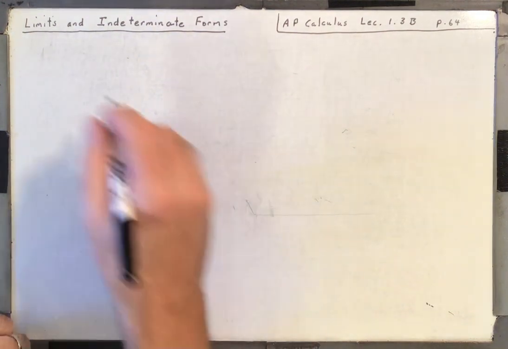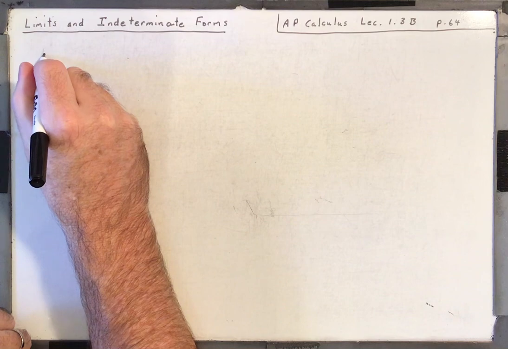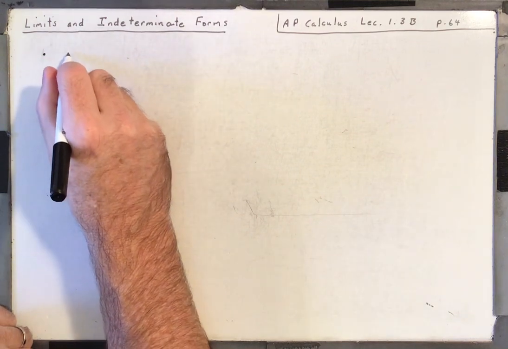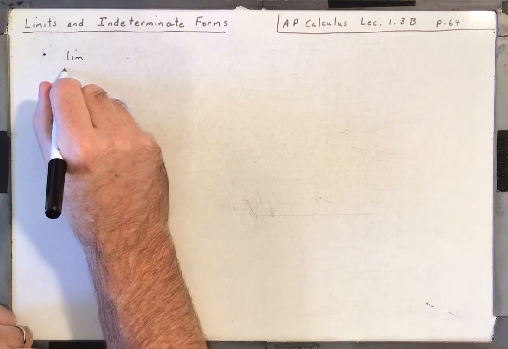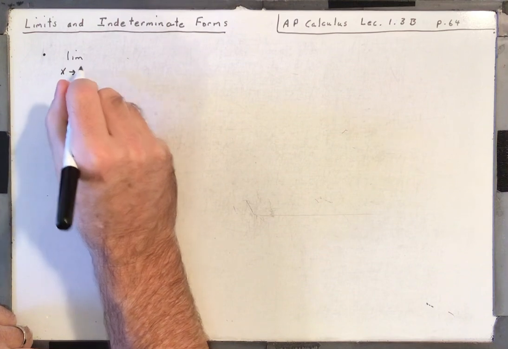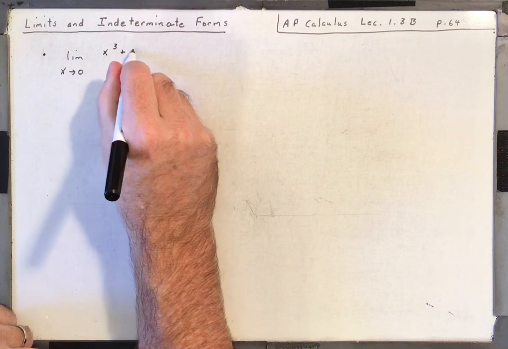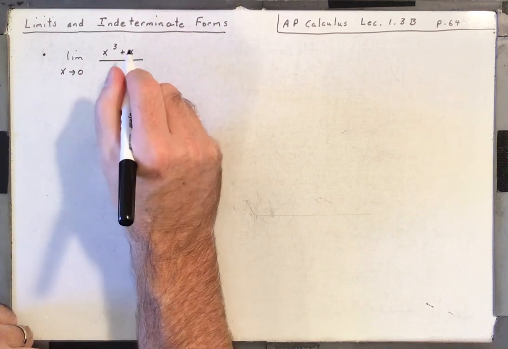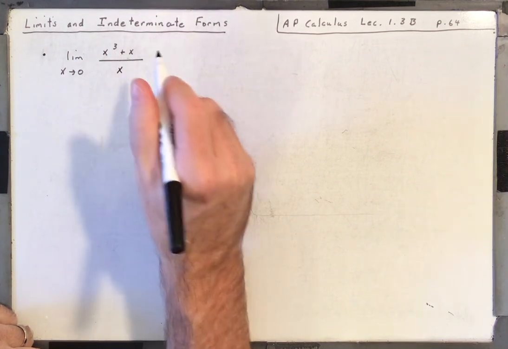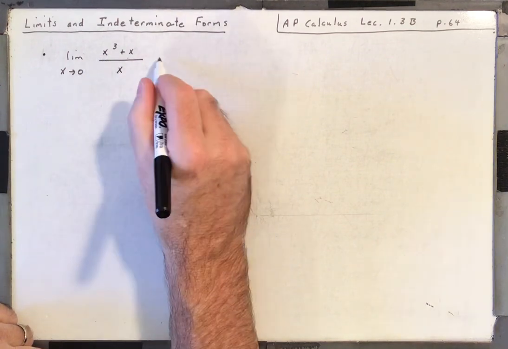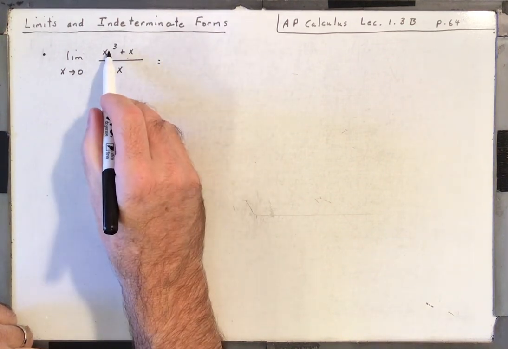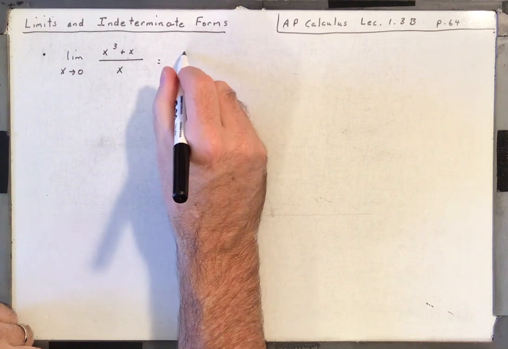So let me give you an example here. Let's say we want to take the limit as x approaches 0 of (x cubed plus x) over x. Now if we plug 0 in for x, we'd have 0 plus 0 over 0.